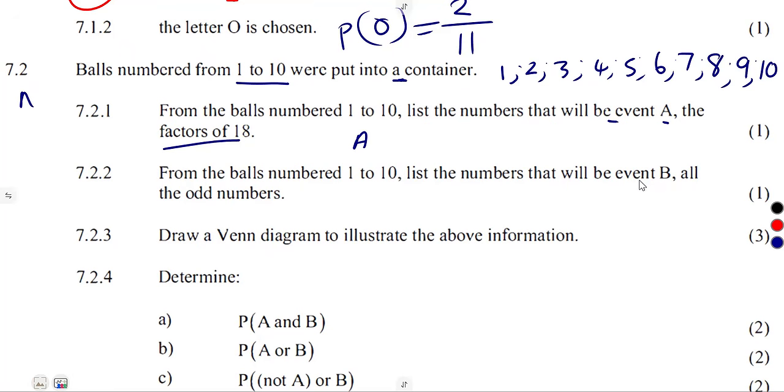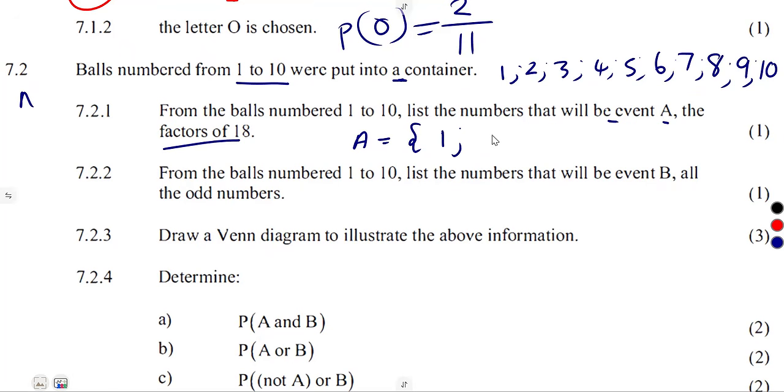Those are the numbers listed. So A being an event of the factors of 18, which terms are we talking about? The factors of 18. When you divide 18 by any of these numbers, you're not going to get a remainder. You're going to get exact values.